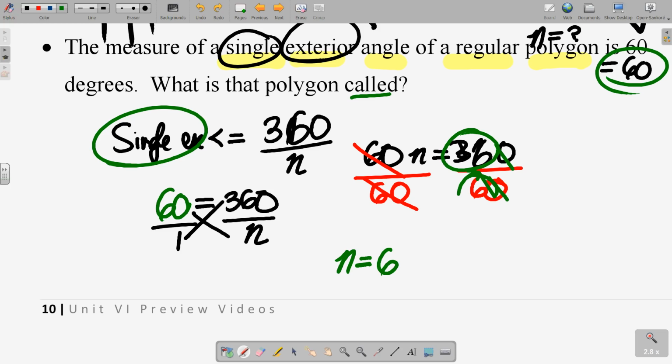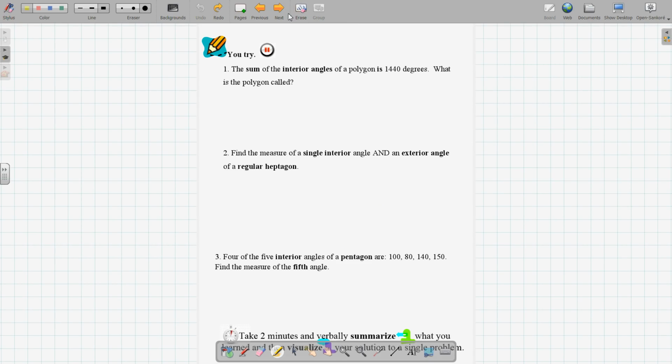I don't ask you just for n, I ask what it's called. And it is a hexagon. Alrighty, guys, this page you're going to do on your own. Pause the video, restart when you're done.